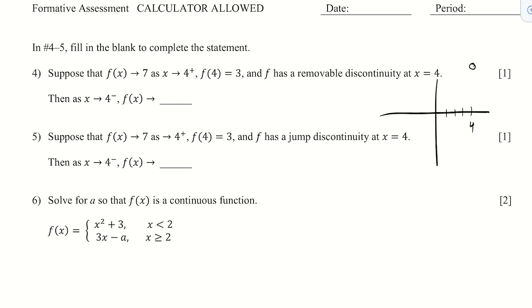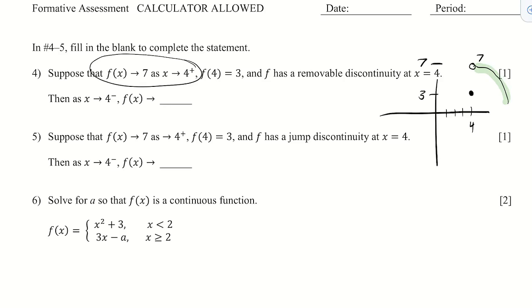So if I take a look at this, I'm going to have a hole. And I know that for this specific part right here, it says if I'm looking at it from the right-hand side, this is going to be going to 7. So 7 is going to be up here. Now it says f of 4 actually is going to be, let's say, down here at this specific point.